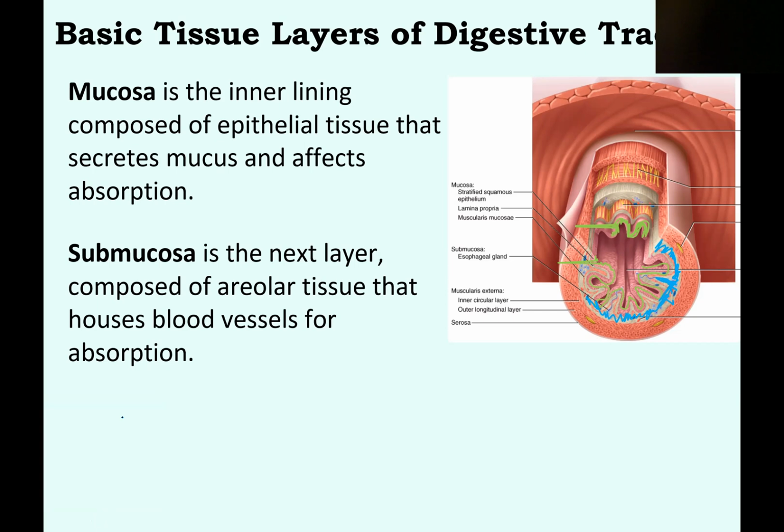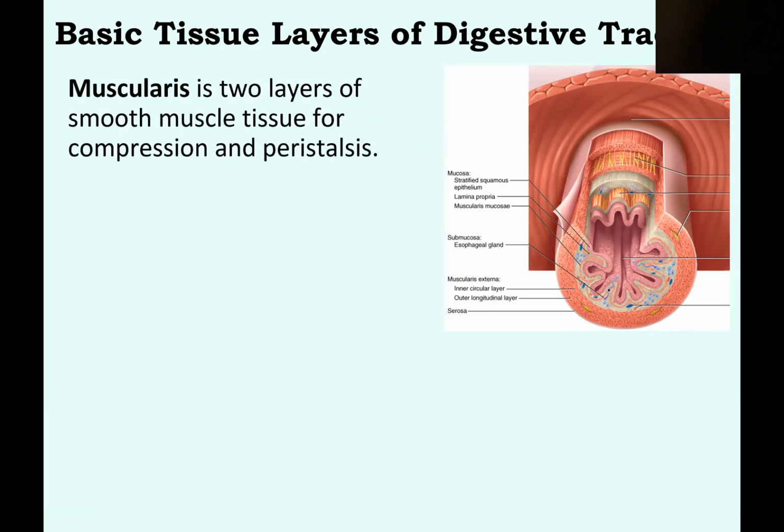Superficial to that, you have the muscularis. And so that would be this layer here. Not the very outside. But you're going to have at least 2 layers of smooth muscle tissue. One is for compression, part of that mechanical digestion, and peristalsis, which is propelling material along a tube.